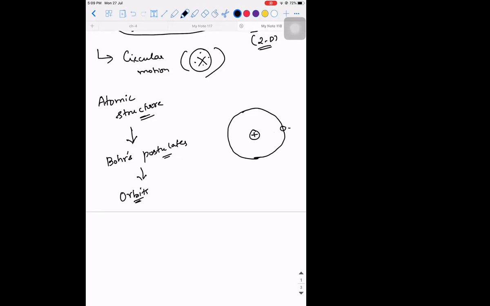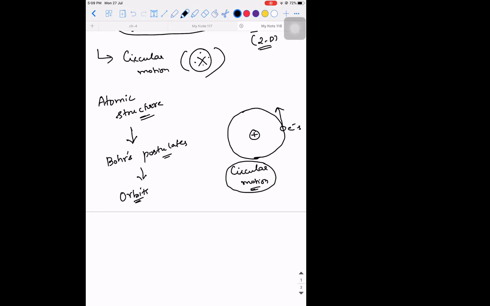Around the central nucleus, there are electrons, and the electrons are going to revolve in which motion? They are going to revolve in a circular motion, right? So the circular motion is not the important point here. You would have learned it theoretically, saying that the electrons are revolving around the nucleus in circular motion, right?